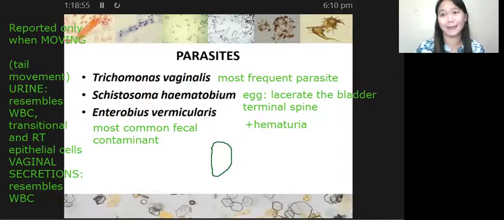So kung nag-collect si patient ng urine at tumulo doon sa region na yon, andun na yung ating Enterobius vermicularis egg.